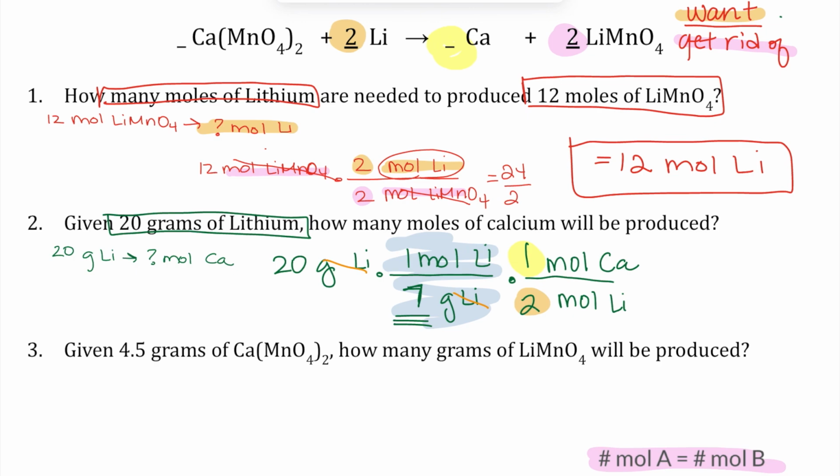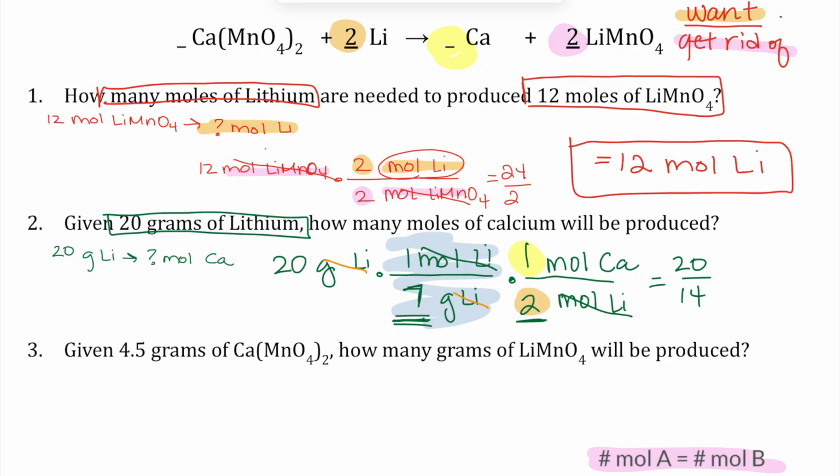I can check my units. Moles of lithium, canceling moles of lithium. So I'm going to be left with those moles of calcium. And I can go ahead and do my math. I'm going to go 20 times 1 times 1, which is 20, divided by 7 times 2, which is 14.